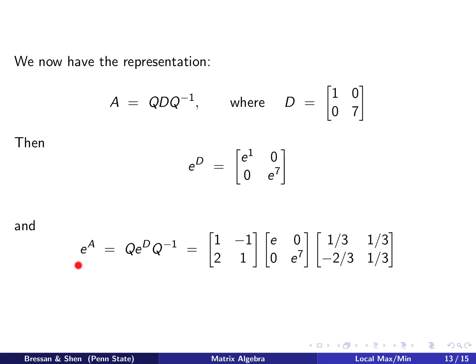Therefore, the exponential of A is just Q times e to the D times Q inverse. We can put in all the numbers we have here. The Q matrix is here, e to the D is here, and then Q inverse is here. So you can work out this product of three matrices and write out an expression if you want.